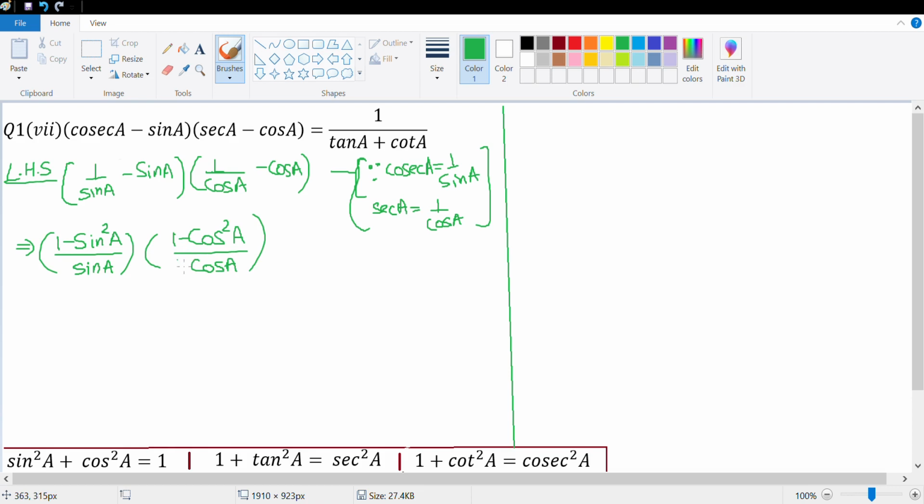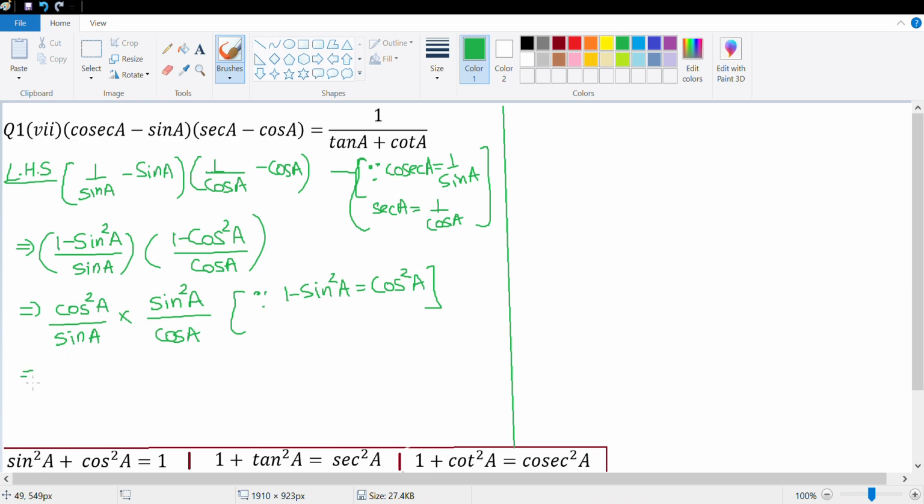Good. So let's see if I can get something from here. I know that 1 minus sine square A is equal to cos square A. So this becomes cos square A upon sine A multiplied with, and 1 minus cos square A is equal to sine square A, so this is sine square A upon cos A. Reason being, 1 minus sine square A is equal to cos square A, and the same reason applies for 1 minus cos square becoming sine square.